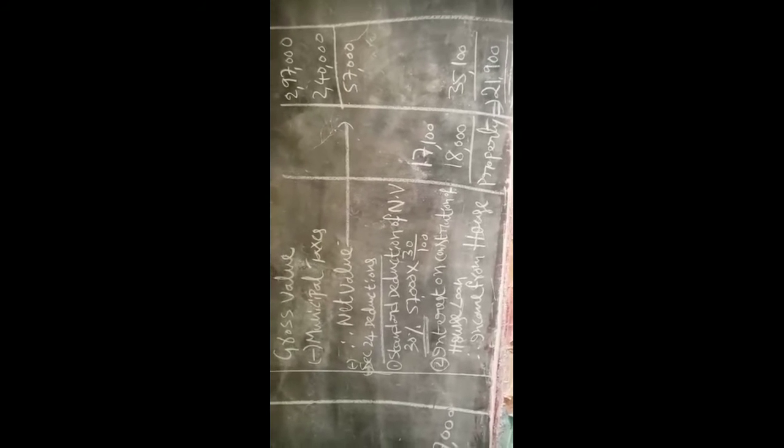Next we take the interest on construction of house loan. It is given in the problem. Interest on construction of house loan, that amount is 18,000. This 18,000 is given in the problem.